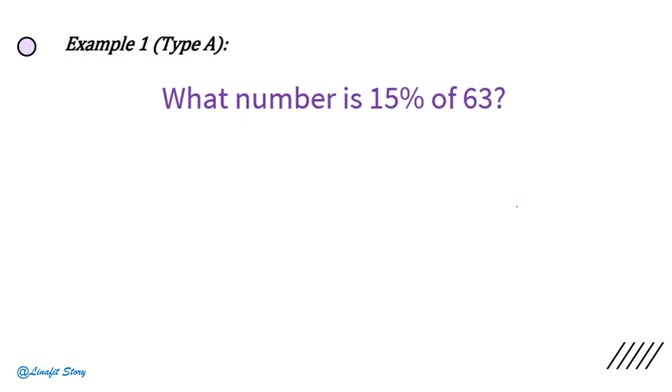Example 1, type A. What number is 15% of 63? We translate the sentence into an equation. What number, this is n, is equal to 15%, which means 0.15, of, you have to multiply, 63.